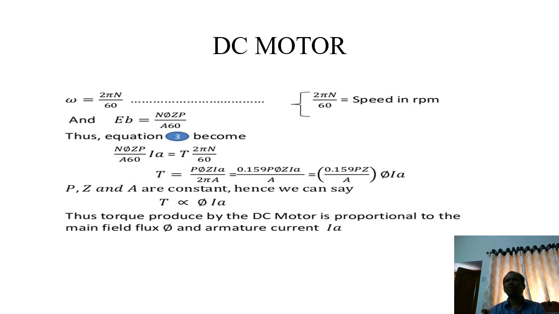There is a small air gap between the armature and pole shoes. Next is the armature, with armature winding, commutator segments, brushes and shaft. These are all the construction details of DC motors.